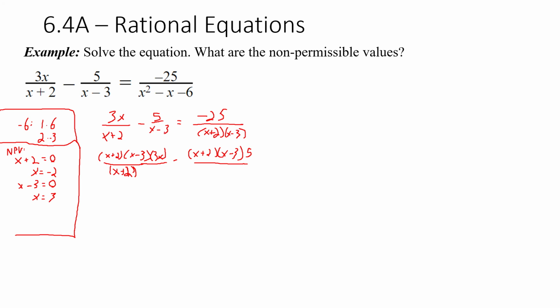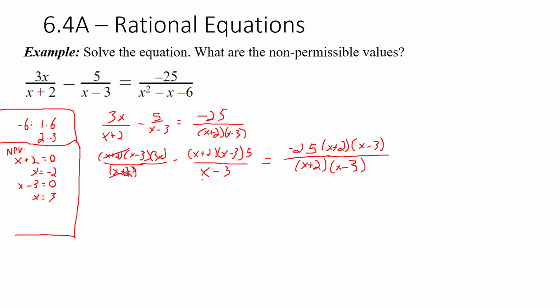In the bottom here we just have x minus 3, and then that equals negative 25, times the lowest common denominator into everything. Okay, now we're going to cancel out whatever factors we can.